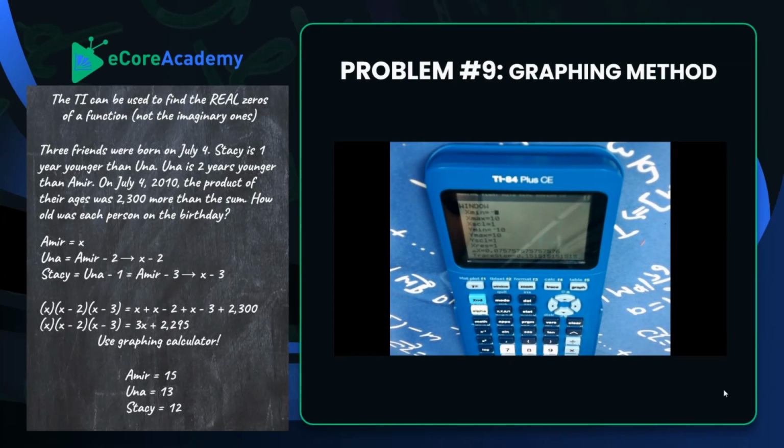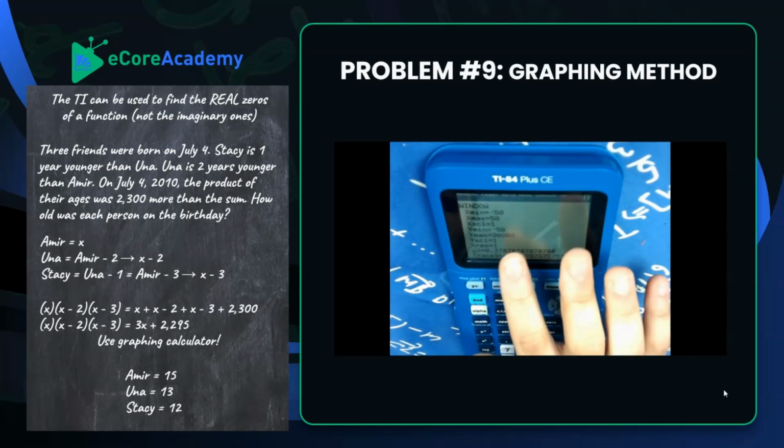I'm going to change my x min to -50, my x max to 50, my y min to -50, but I'm going to crank my y max up to 3,000. Because we're working with 2,295, that's going to be our y-intercept, and that's pretty high, so we're going to go up to 3,000.